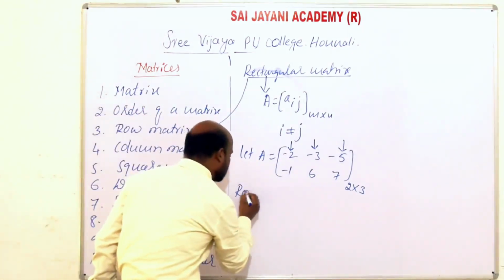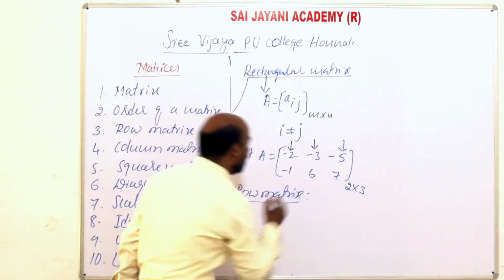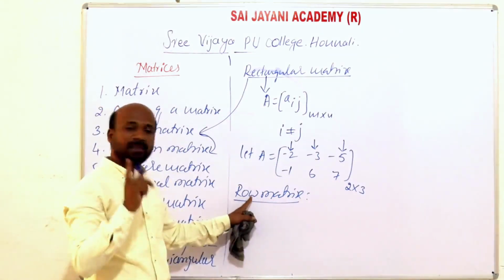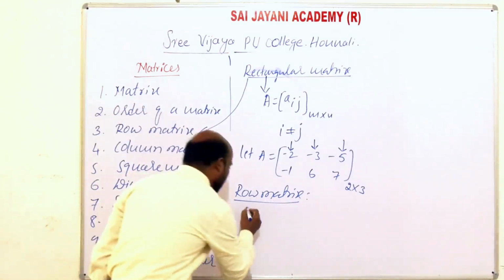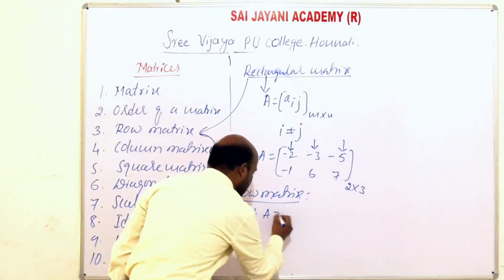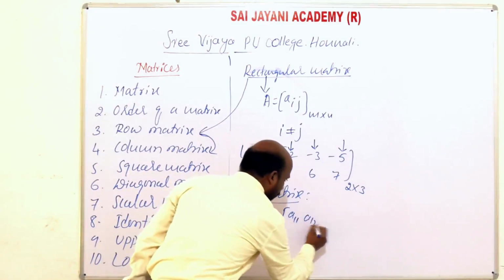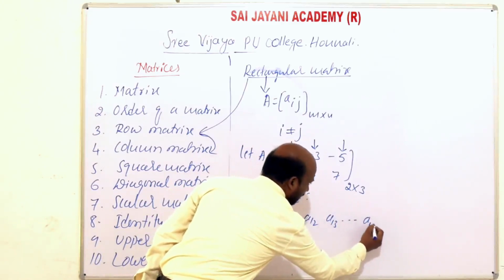Row matrix. If the matrix has only one row, then it is called a row matrix. So let us take the matrix A = [a11, a12, a13, ..., a1n].